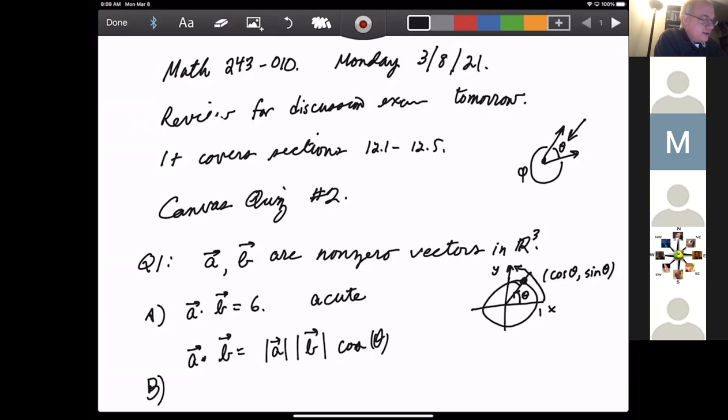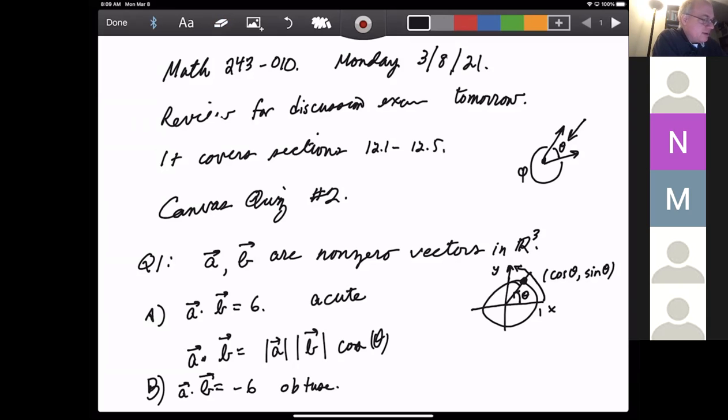And for part B, we have A dot B is equal to -6. What is going on there? Is that angle acute, right, or obtuse? Obtuse. So this would be obtuse. And again, you can see that because the dot product is related to the cosine of the angle between the vectors.